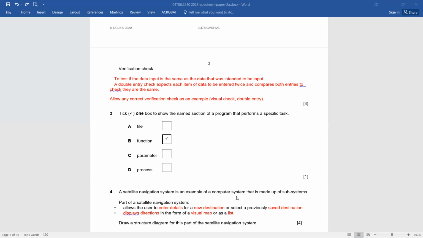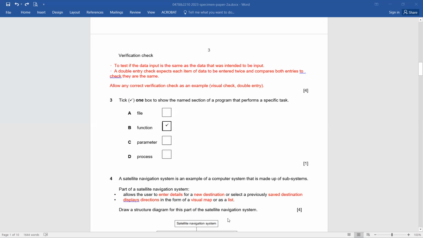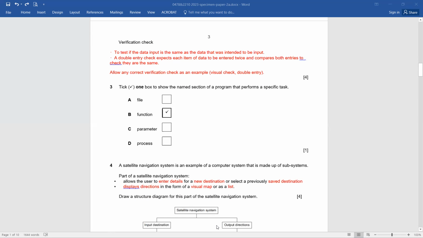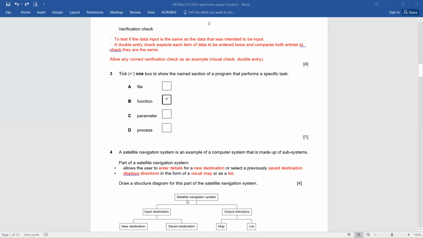After I'm done finding this out, I draw the structure diagram. So simple. The very first level is your sat-nav system, which I have written at the top. You draw a line and now show the hierarchical structure, starting on the left-hand side. And please remember, inputs always come first and outputs always come next.